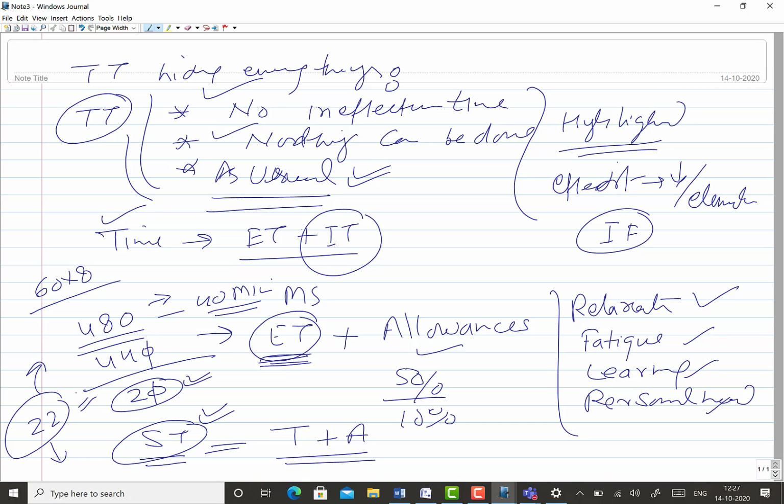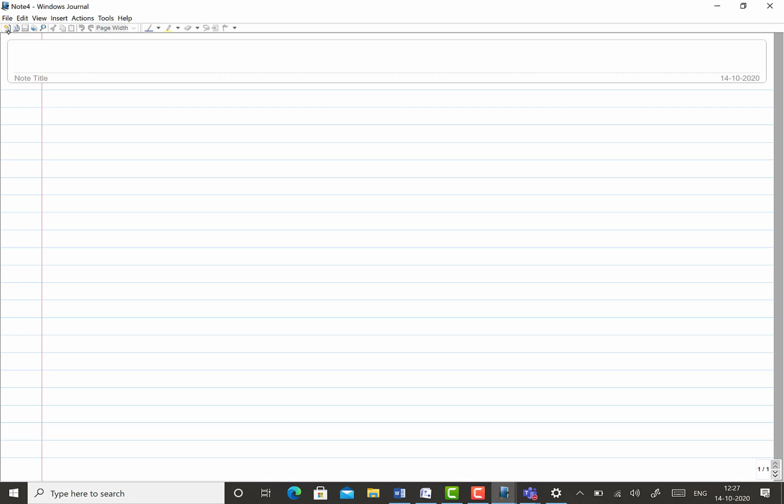Okay, now once we have the standard time for completing a job by a worker using a given procedure at a defined level of performance, what are the various applications and uses? You can say, why set the standard time, why set the standard of performance? These are the various purposes or applications which are realized through the standard time.